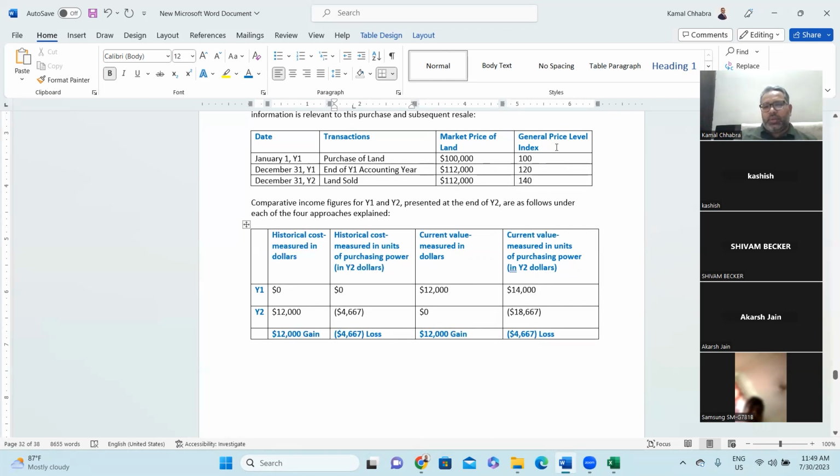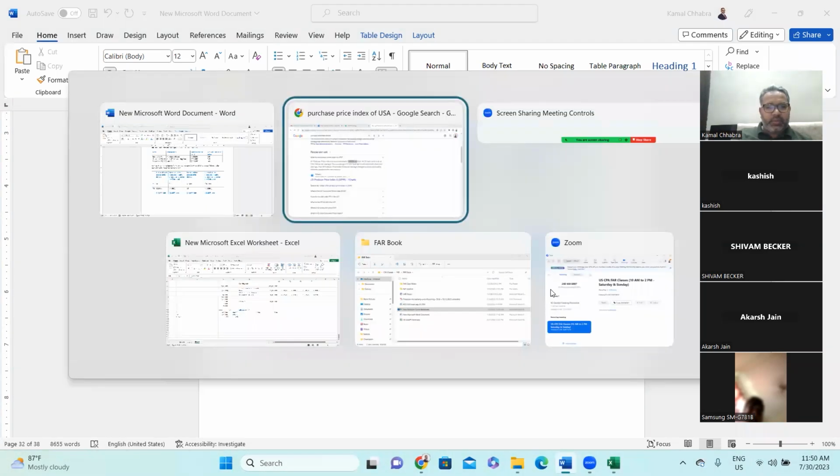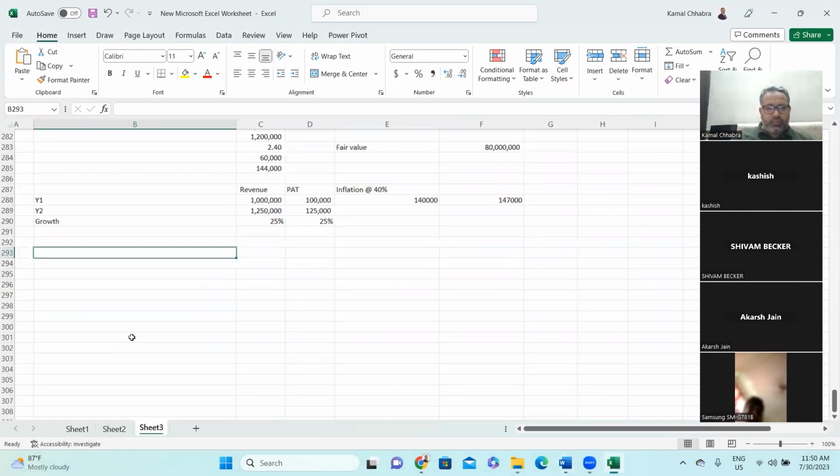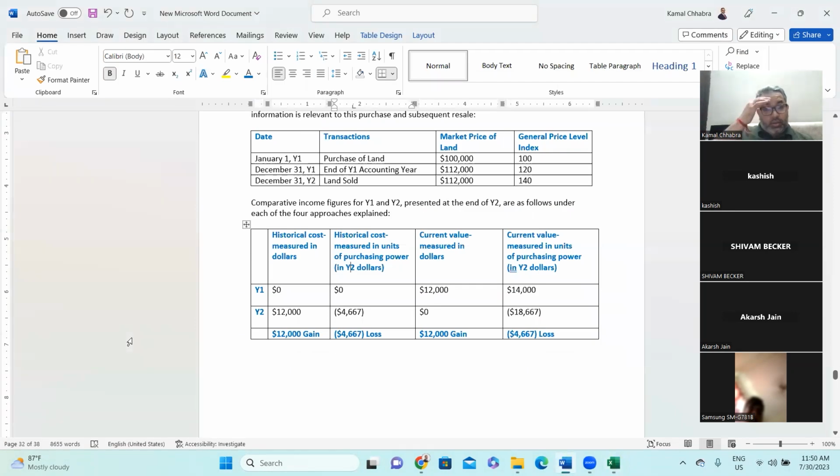So in year 2, the general price index level is 140, and if you multiply by this, so for 14,000, I'm still confused. Why just 14,000 has to be? Let's do the math. Let me take this into an Excel sheet.